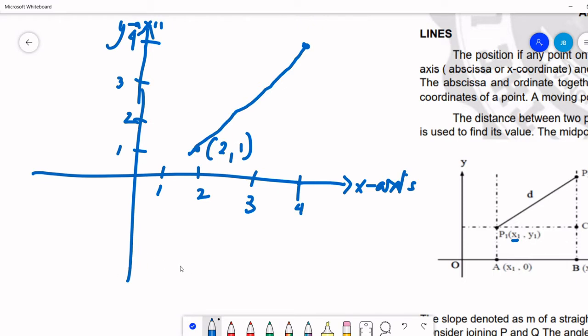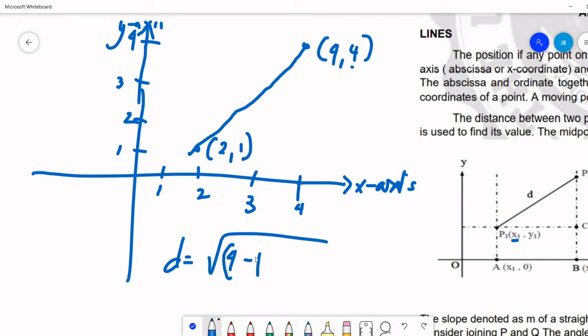So to find the distance, we have the formula. Square root of y sub 2 minus y sub 1, regardless of which one is y sub 1 or y sub 2, because you square it, it will arrive at the same answer. For example, 4 minus 1 is 3 squared is 9, or if you reverse it, 1 minus 4, that's negative 3 squared, that's 9. You will still arrive at the same answer.